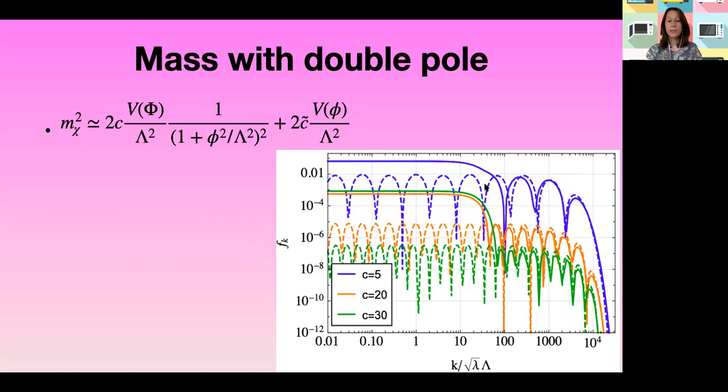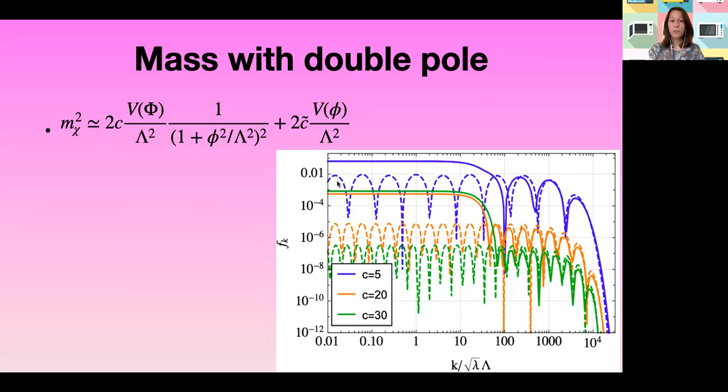The reason for this is this term here. This term gives you another source of resonance, which is not related to the spike. This is, of course, not accounted for in our semi-analytical formula, but it does lead to particle production.